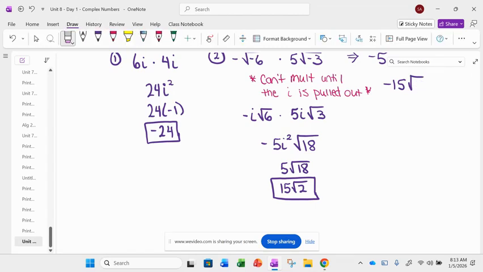Our answer was +15√2, because when we multiplied those i's, that's how we got that -1. So you absolutely cannot leave that negative under the radical when you're doing operations. You have to first rectify it and then do the operation. All right, let's keep going.